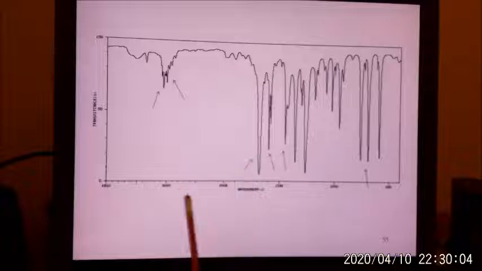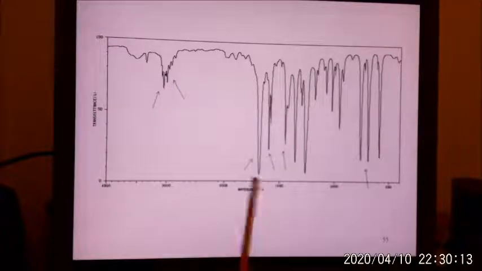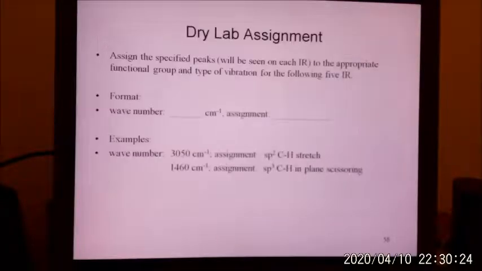On one side of the ketone, I have an aromatic group because this is conjugated. On the other side, I don't know. Maybe I have more alkenes, but I definitely have some alkyl groups as well. So you have alkyl groups, aromatic, conjugated with a carbonyl.